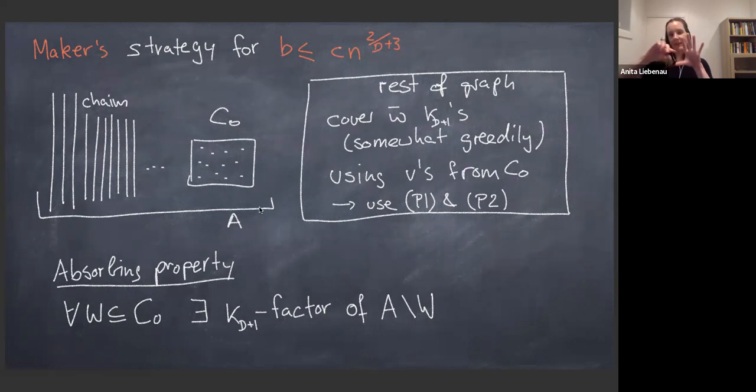And so I find then for each of these vertices, Krs that contain these vertices, and I'm using some subset of C0, I don't know which one, but whatever subset I'm taking in the remainder, I can absorb the rest of C0 into these chains and find a Kr factor. So that's really all I want to say about this strategy.